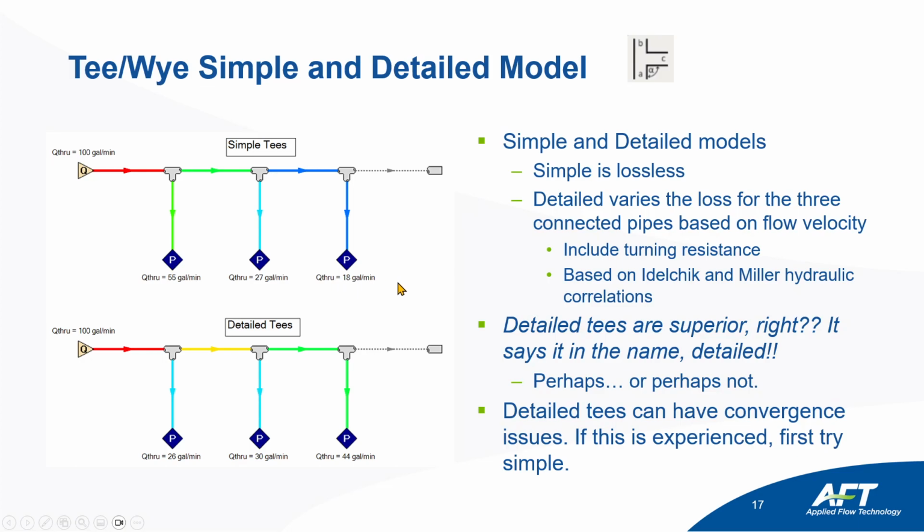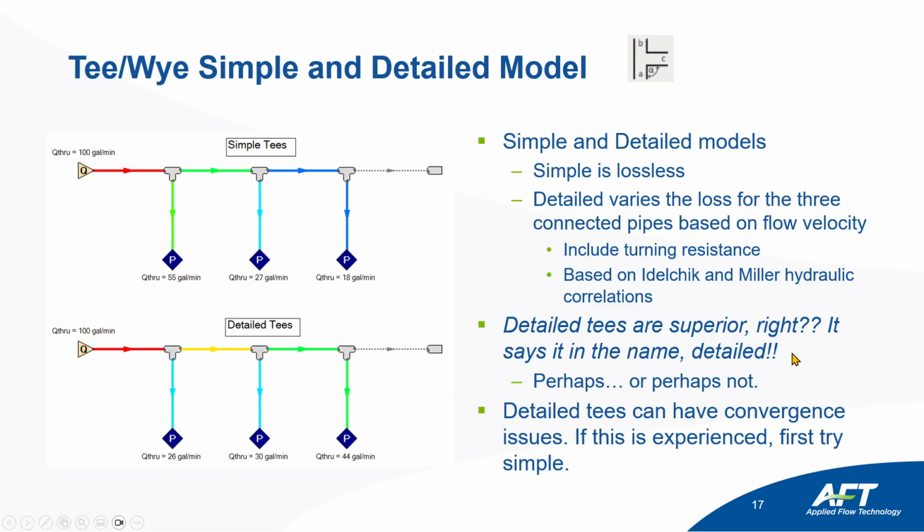However, if we return around and you say we want to use detailed T's, there is going to be more turning resistance in the first than there will be in the second. So we should expect, not always, but there's just a trend that we see, more flow going down the final line than the previous 2 lines.